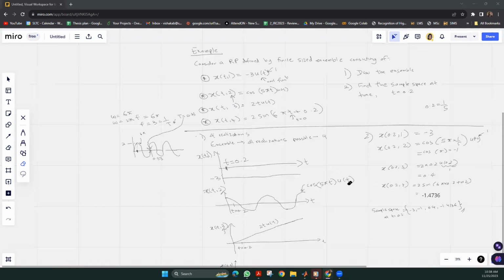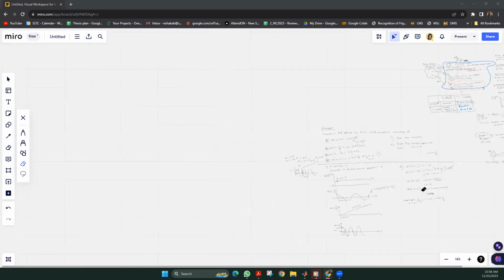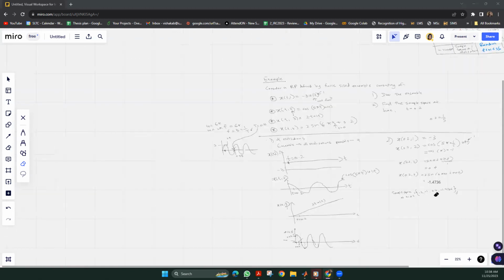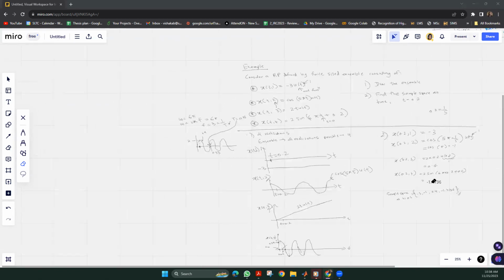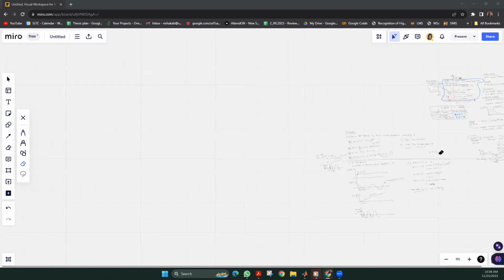If you want, you can use MATLAB to compute these things, since you are doing it as an assignment. MATLAB is a good calculator to use when you want to do some calculations. So that is regarding the ensemble and the sample space of a certain ensemble.